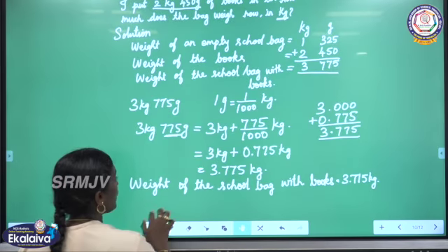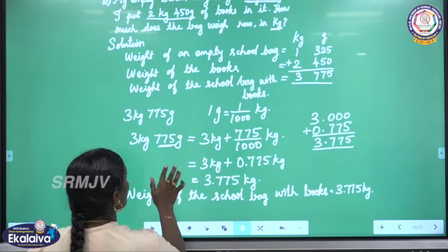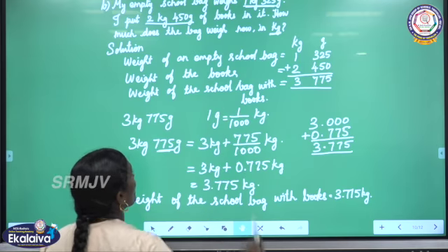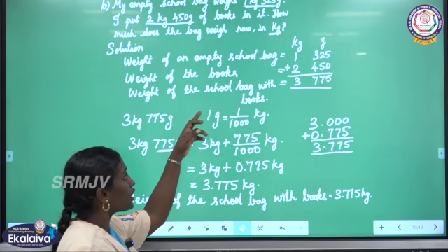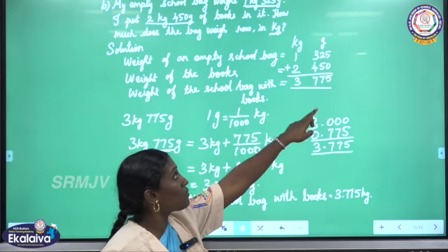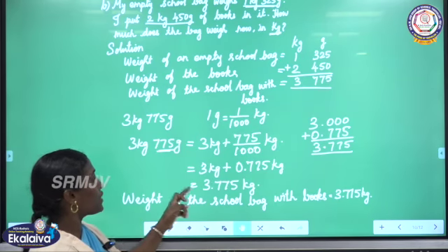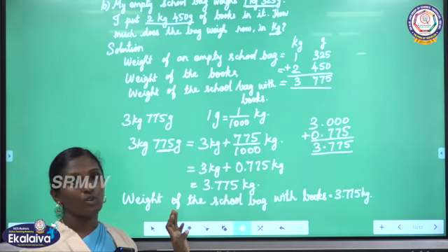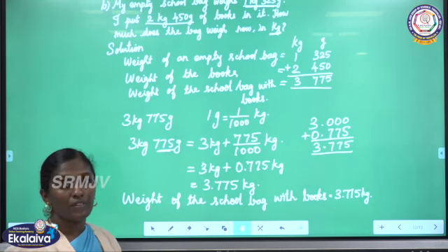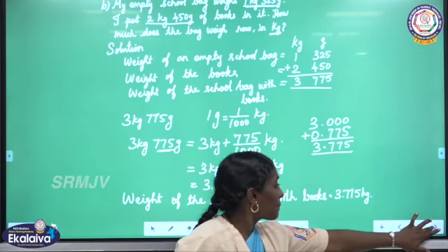Here the weight of the empty school bag is given, the weight of the books is given. By using these two, we are finding the weight of the school bag with books. We are adding these two. We are getting the answer in kilogram and gram. After that, we are converting into kilogram alone. So, weight of the school bag with books is 3.775 kilogram.